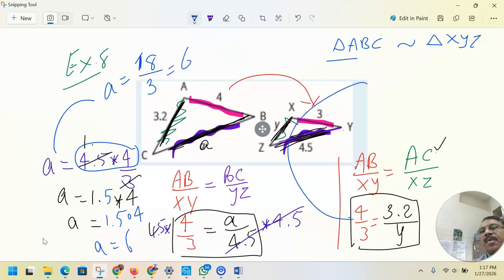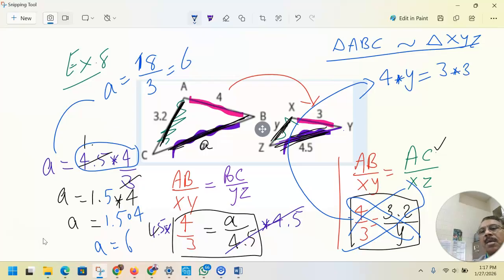Now this problem, let's finish it here. Use the cross product. Multiply these two, that will be 4 times y, and then this one, which will be 3 times 3.2. Then divide by 4. So this crosses out, and y equals 3 times 3.2 divided by 4. 4 does not divide 3, so put 0, but 4 divides 32 8 times.